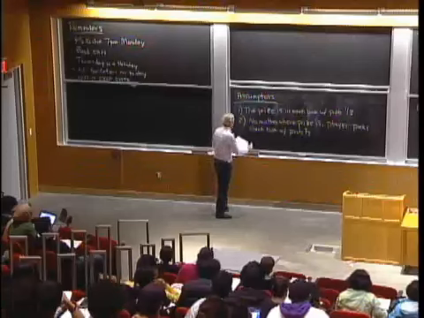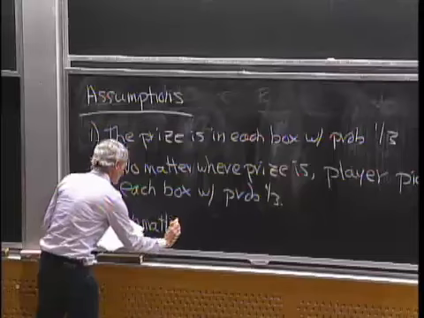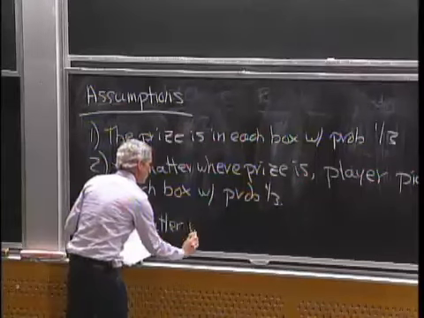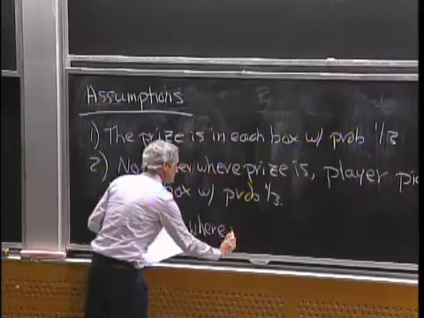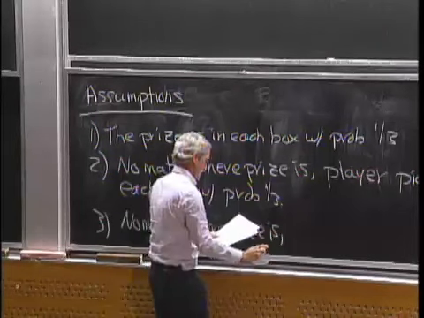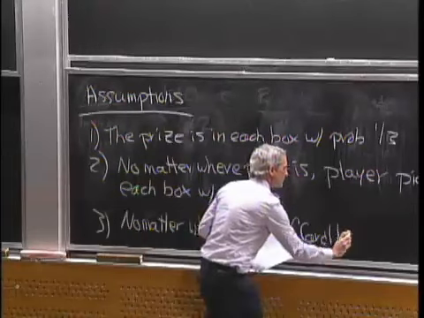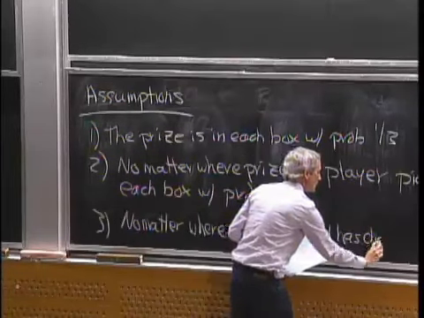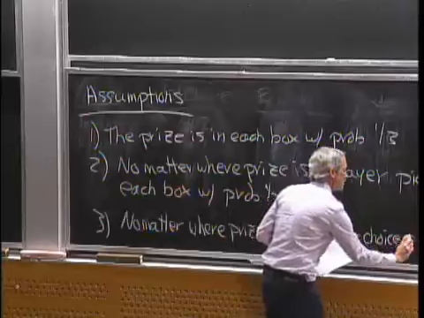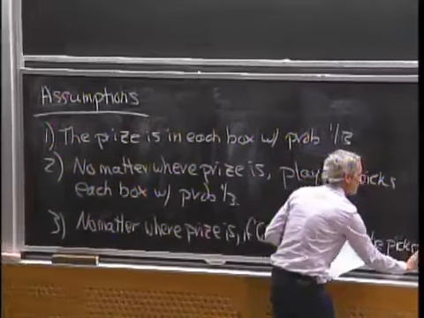All right, so we're going to make that assumption so that no matter where the prize is, if Carol has a choice, she picks each box with probability 1/2.